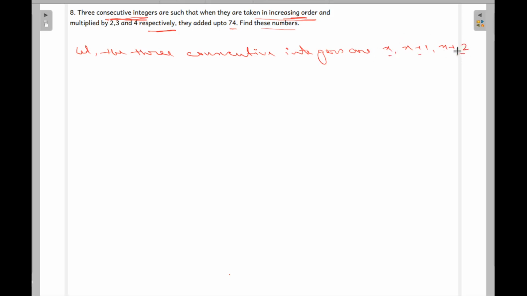And then multiplied by 2, 3 and 4 respectively, that means the first number is multiplied by 2, plus the second number multiplied by 3, plus the third number multiplied by 4. Why have I put plus in the middle? Because they add up to 74, that means equals 74.